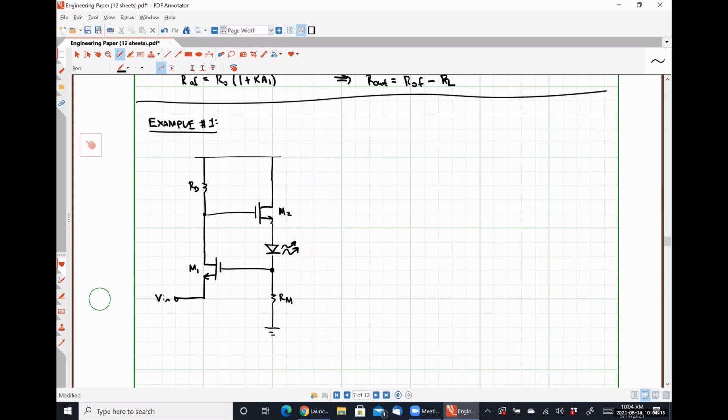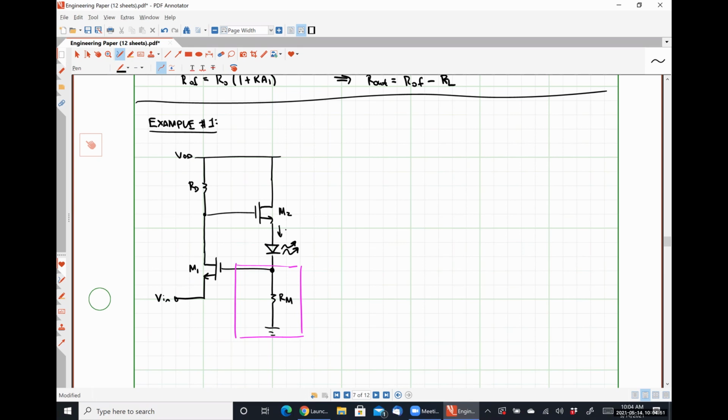R sub M. Okay. So just to be clear here, our feedback network, let me put a dashed line around it so we can really understand what's going on. So what I've boxed in there in pink is our feedback network. I guess I should also explain what my output signal is.